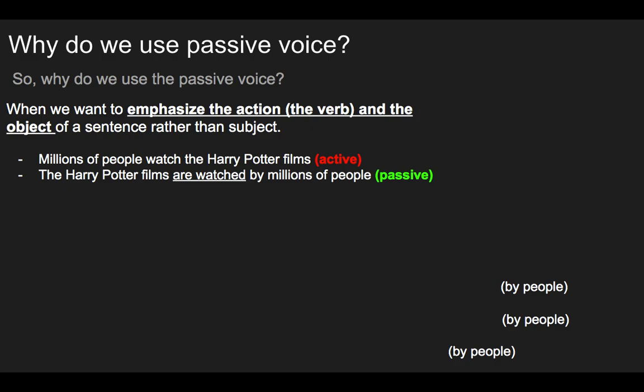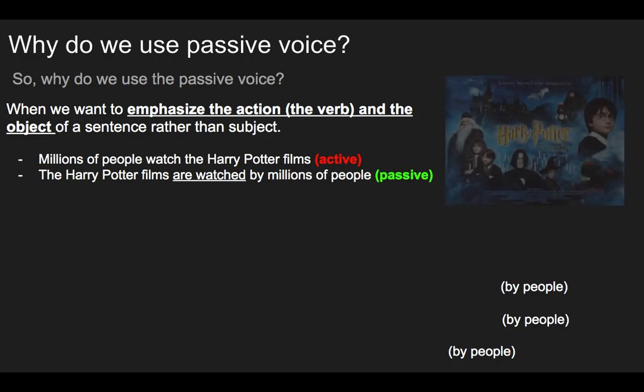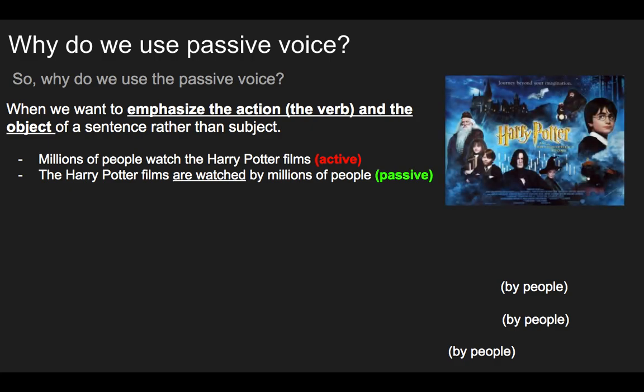The Harry Potter films are watched by millions of people. Because in this sentence, the most important, the most relevant part are the Harry Potter films. They're the focus of the sentence. So it makes sense to use the passive voice so we can emphasize the Harry Potter films are watched by millions of people. So to be, is or are, and past participle.